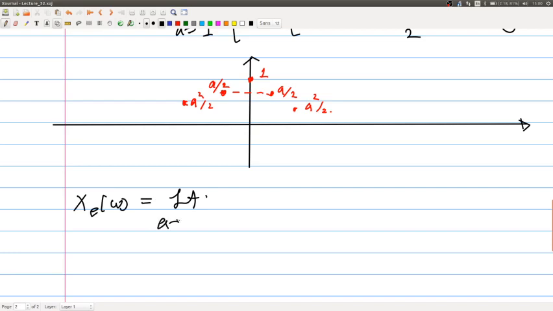X of omega is limit a going to 1 Fourier transform of a to the power mod n plus delta n, into 1 by 2.